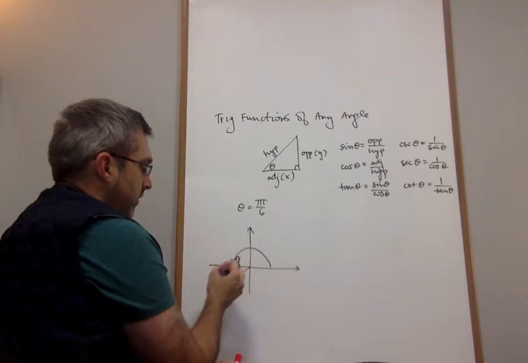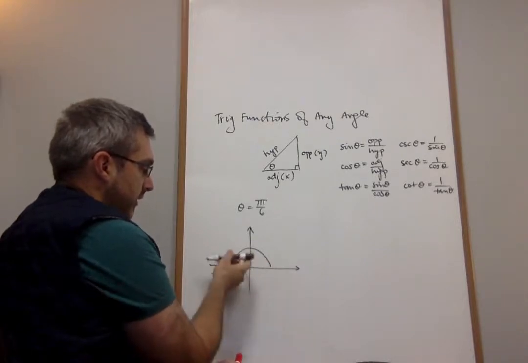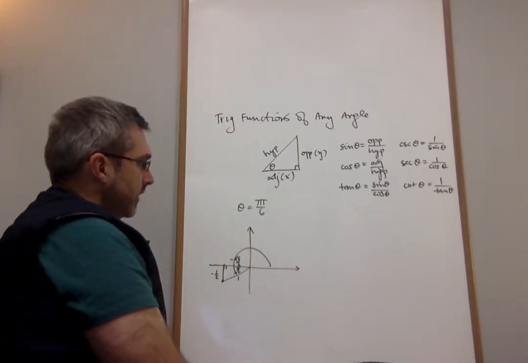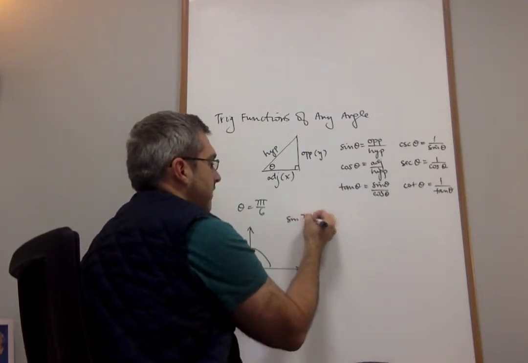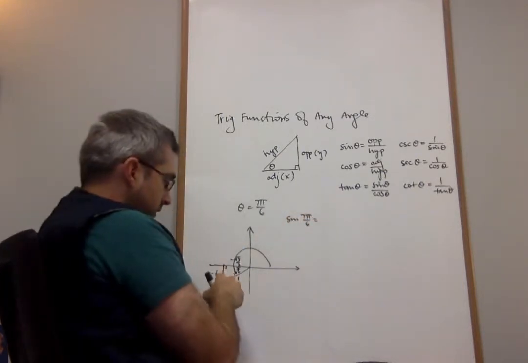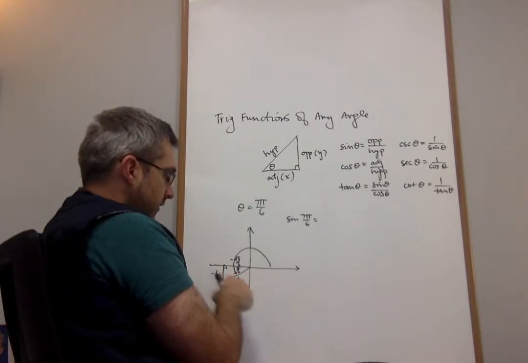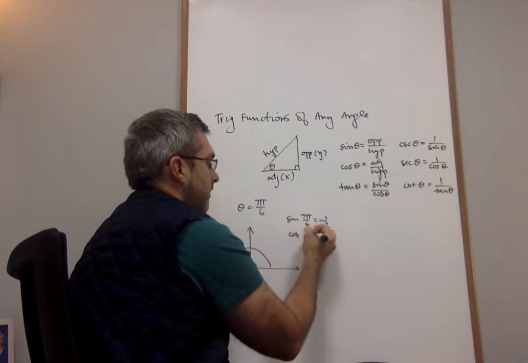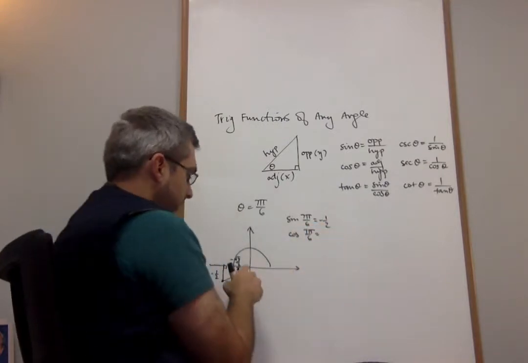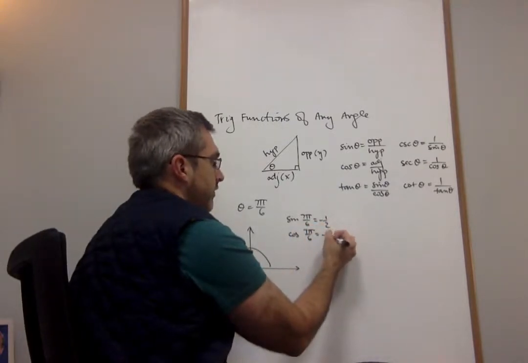But we're negative in both situations because we're going this way and this way. And so if somebody were to ask me what's the sine of 7 pi over 6, that's the y part here, y over 1, so that's negative 1/2. The cosine of 7 pi over 6 is the x part, which is negative root 3 over 2.